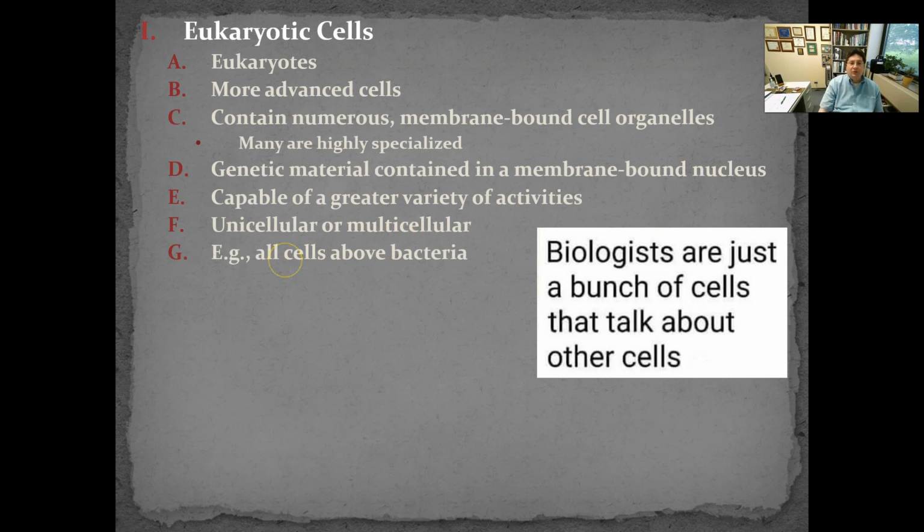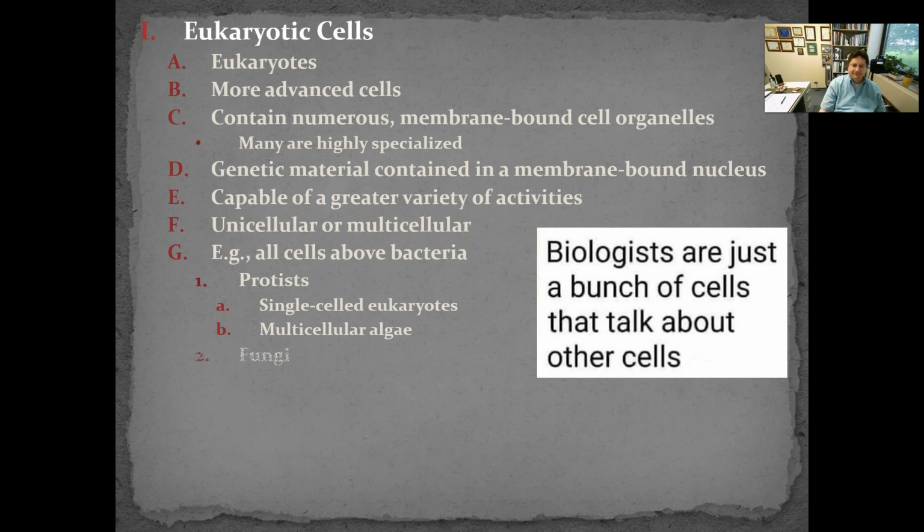What's an example of a eukaryote? Anything that's not bacteria or archaea. Anything above bacteria or archaea. All right? So, examples include protists. Protists are single-celled eukaryotes and multicellular algae. So, single-celled eukaryotes, like little critters you might see in pond water under the microscope, and also multicellular algae is included in here.